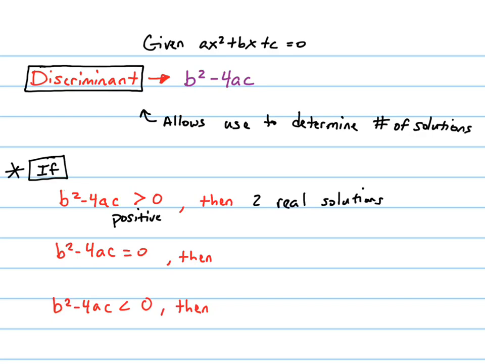And if b squared minus 4ac is equal to 0, then we have one real solution. And if b squared minus 4ac is less than 0, or negative, then we have no real solutions.